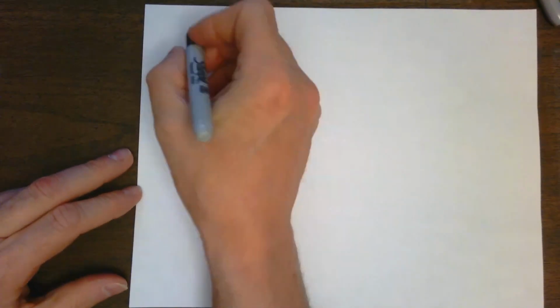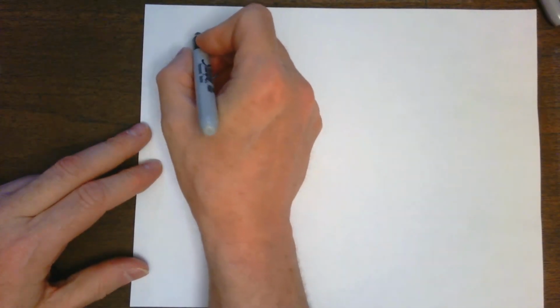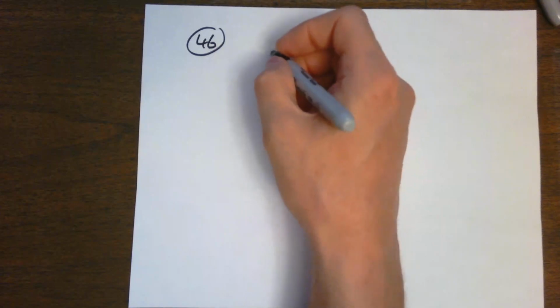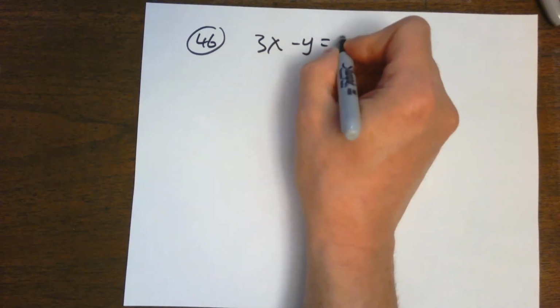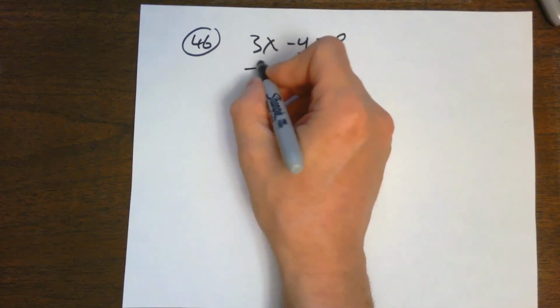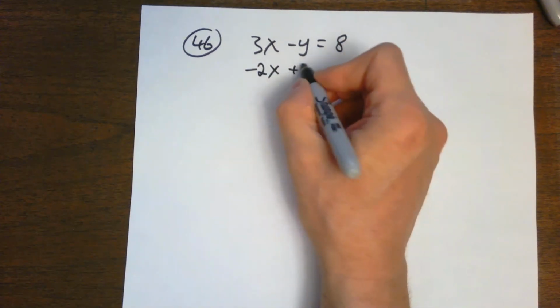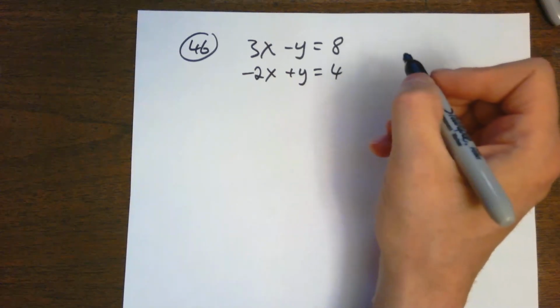So let's do one from the second set. In problem number 46, it gives me the following problem. 3x minus y equals 8, and negative 2x plus y equals 4.